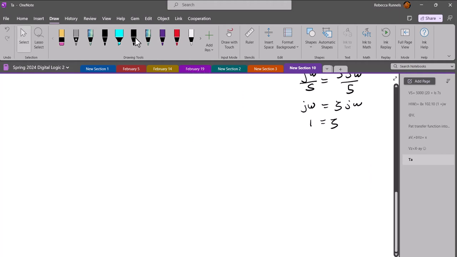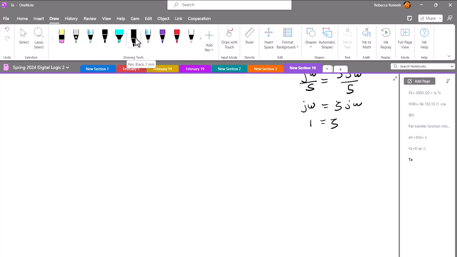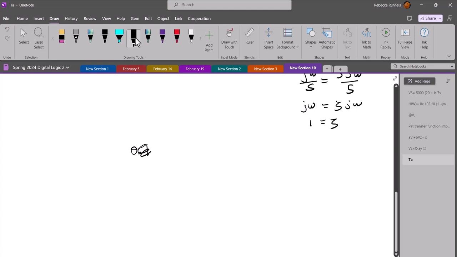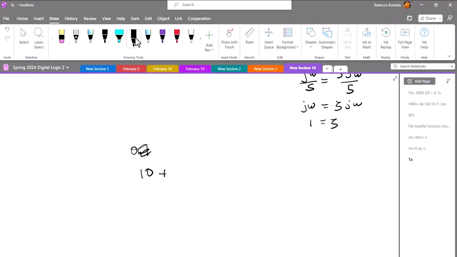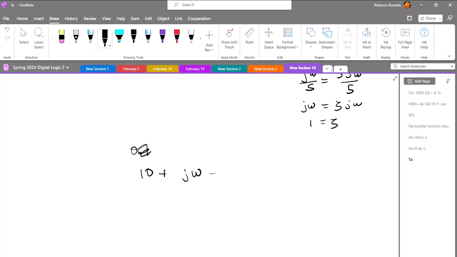Okay, one more example. I'm just completely making this up. About 10 plus j omega minus 2 omega squared.